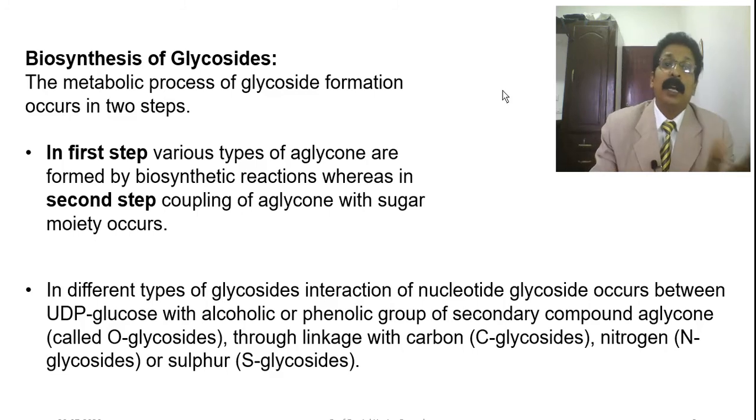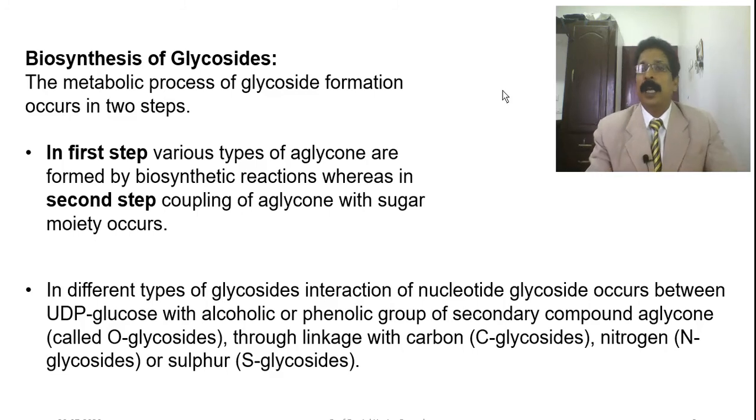The aglycone part and the glycone part will be linked by a bond, usually by oxygen, carbon, sulfur, or nitrogen. So by the linkage of the bond between the aglycone and glycone, they can be classified as O glycosides, C glycosides, N glycosides and S glycosides. So this is what we have to remember.